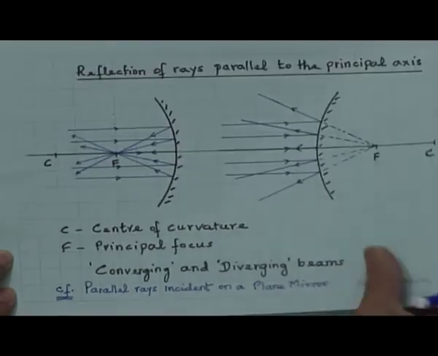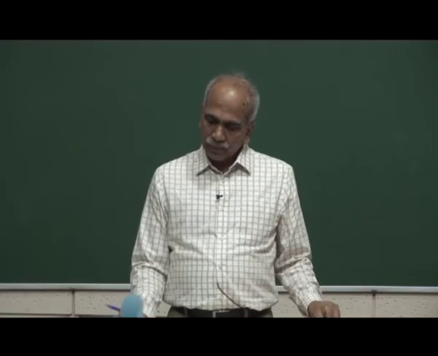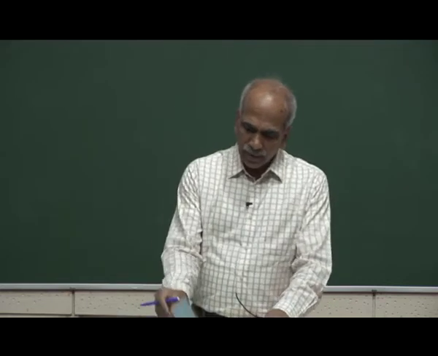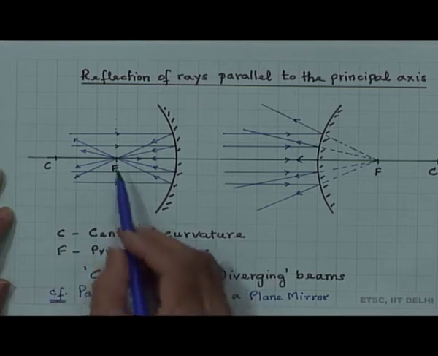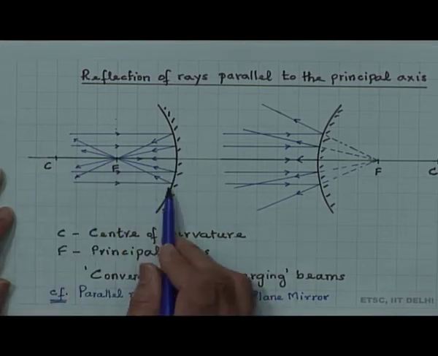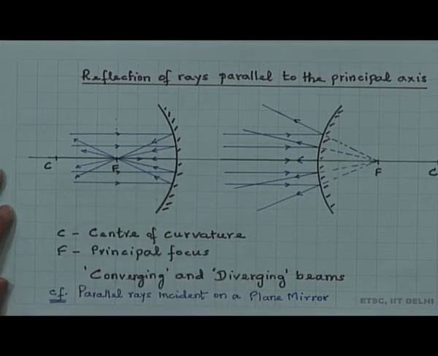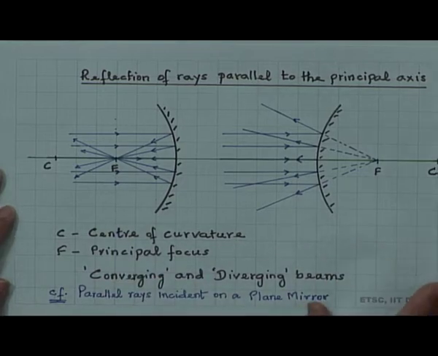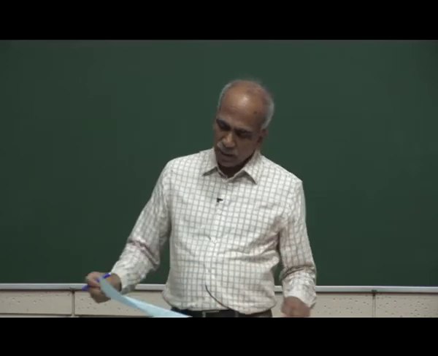So, parallel rays incident on a plane mirror. Now, this principal focus, the definition where I had said that rays parallel to the principal axis focus to a point f, is true under what is called the paraxial approximation.